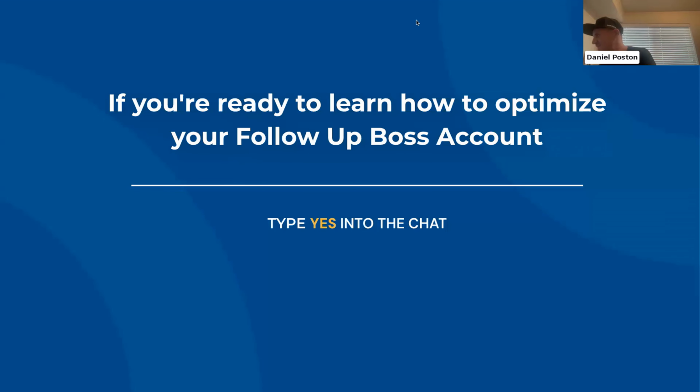Awesome. Taylor, how are we looking on chat? Have we figured that out? Yeah, I think chat's up and Q&As should be working. All right, awesome. Okay, so if you're ready to get started, go ahead and type yes into the chat. Well, somebody's saying it's still disabled there. Not sure why.